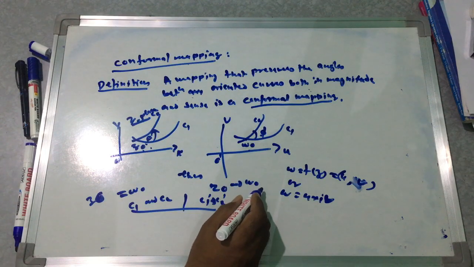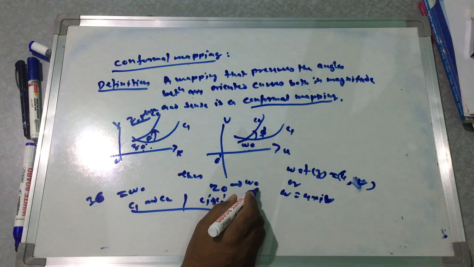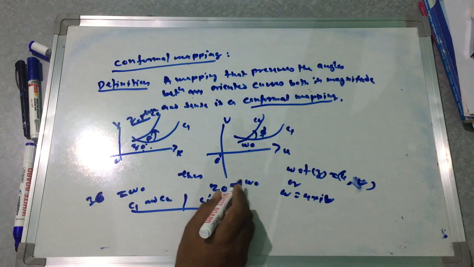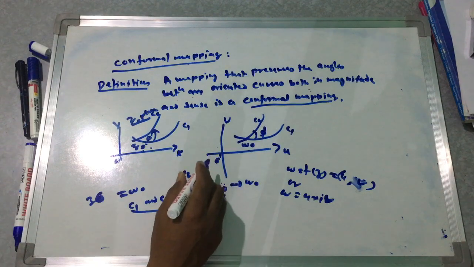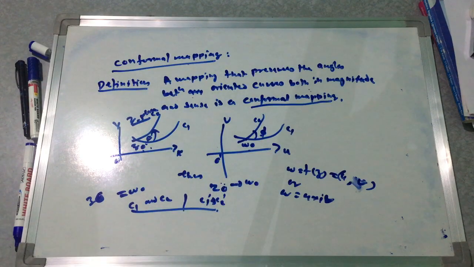A transformation which preserves the magnitude of angles but not the sense is called isogonal.